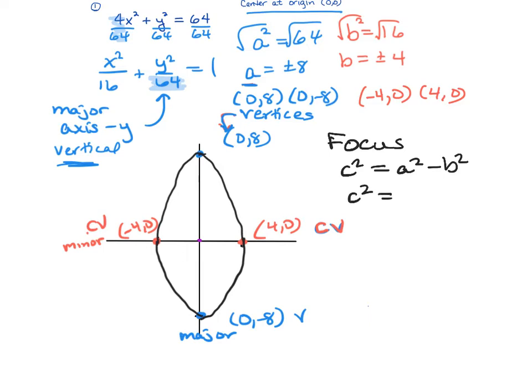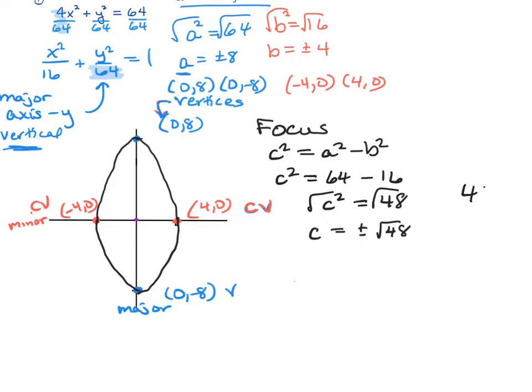So c squared, remember your a squared was 64, b squared was 16. c squared equals 48. I'm going to simplify this radical because remember we're square rooting both sides to get c. So this becomes plus and minus the square root of 48. I need to break down the square root of 48. I could break it down into 16 times 3, which becomes 4 radical 3.